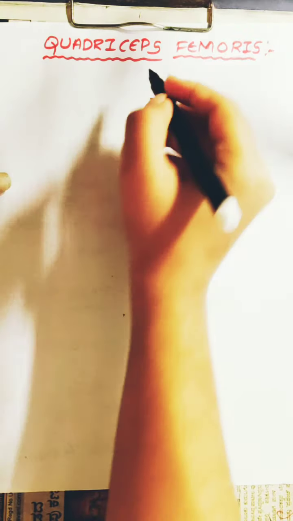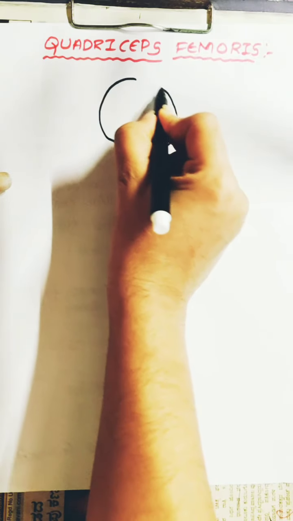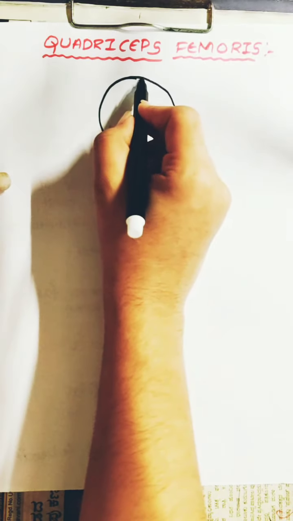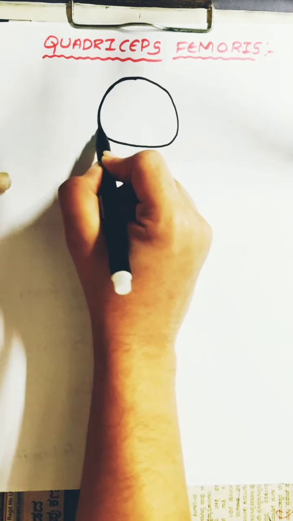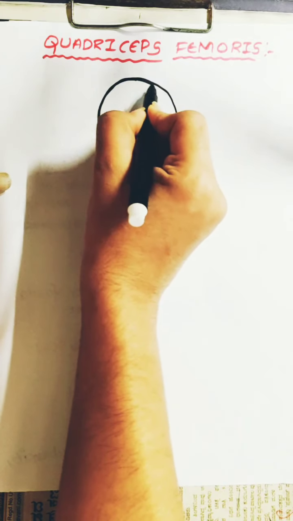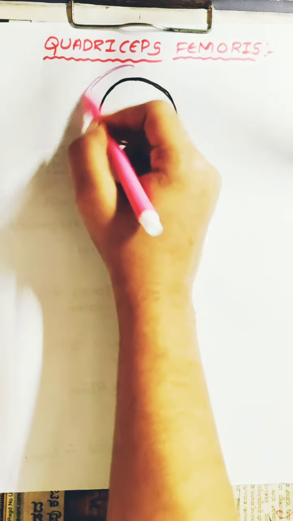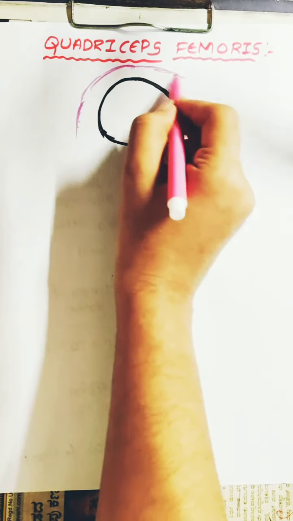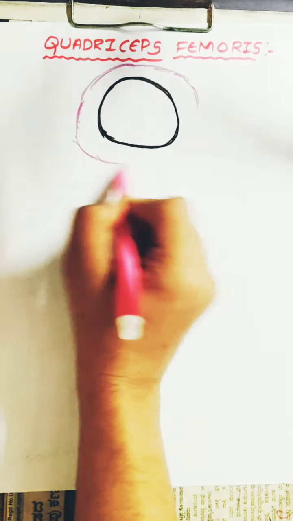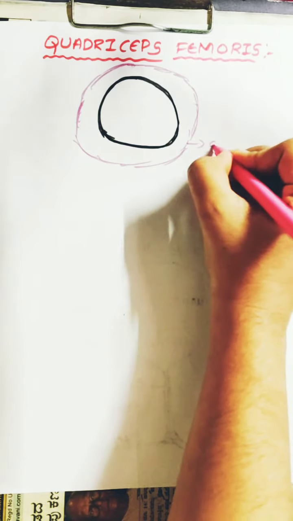If you take a cross section of the thigh, just assume this is the cross section, it doesn't look like a circle. Firstly, the outermost layer is, as usual, the skin.